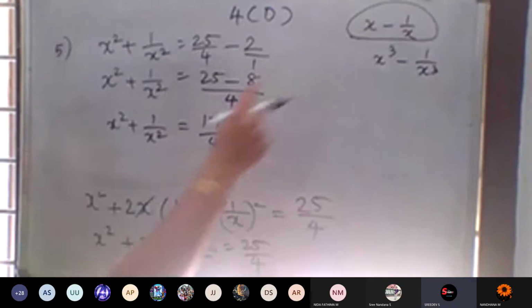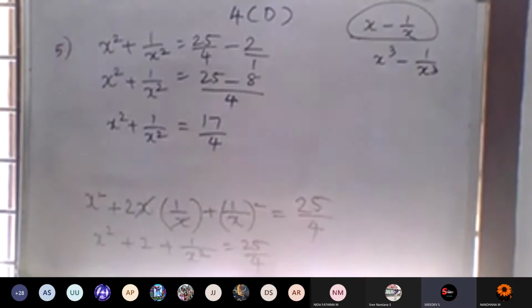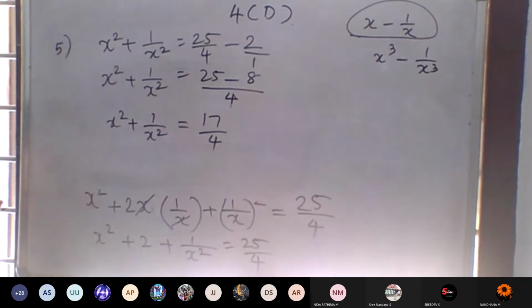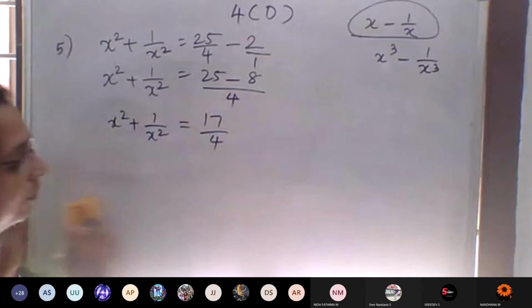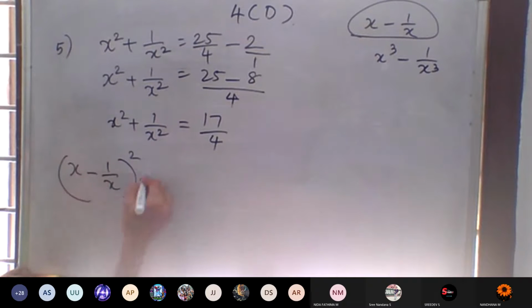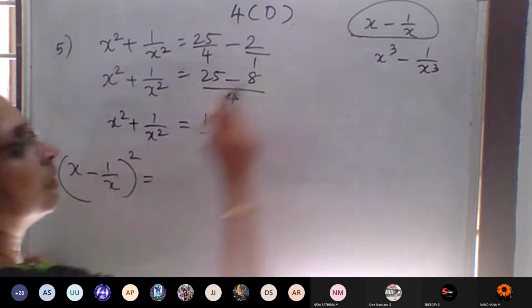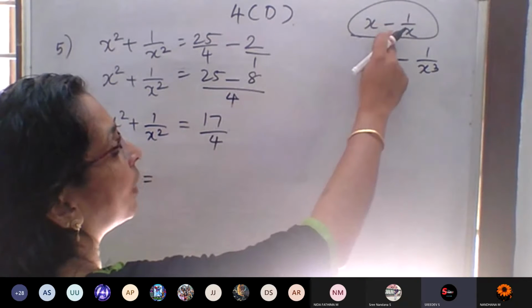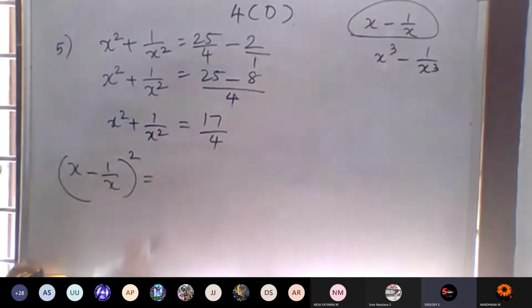We have to find out x minus 1 by x. So for that, what we have to do? If we take the root, then only we will get x minus 1 by x. We have the formula what? x minus 1 by x the whole square. Why we are taking this? Since we have to find out x minus 1 by x.